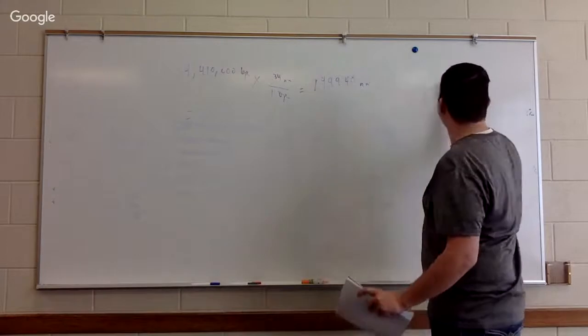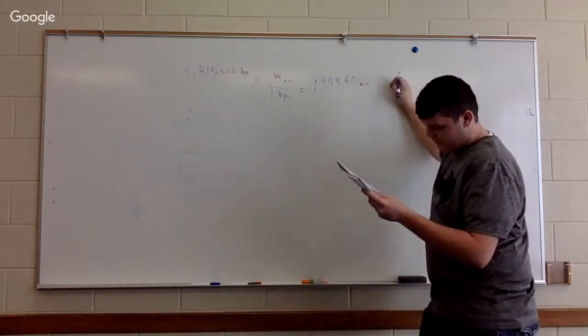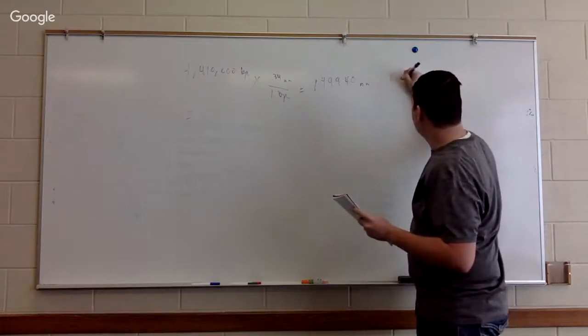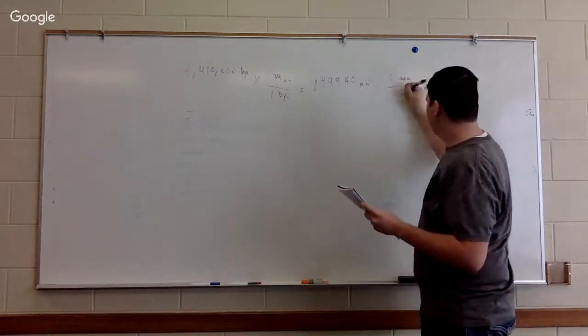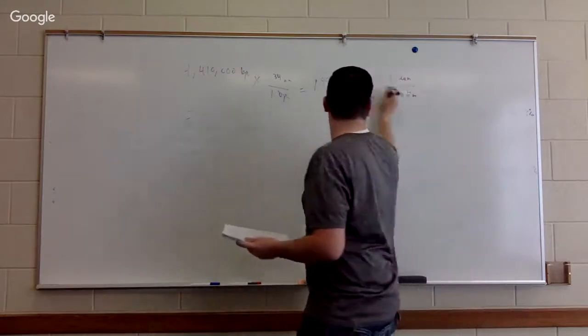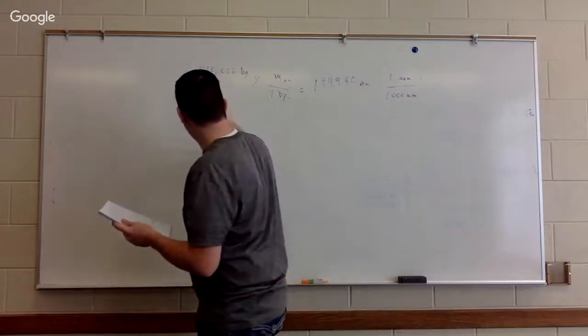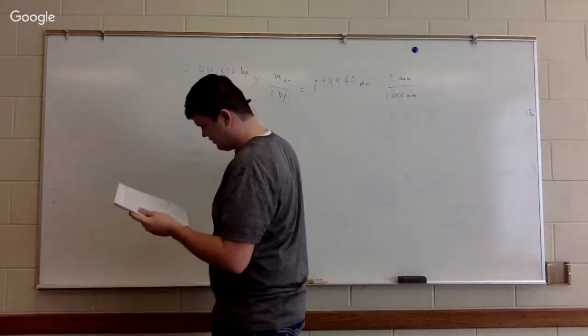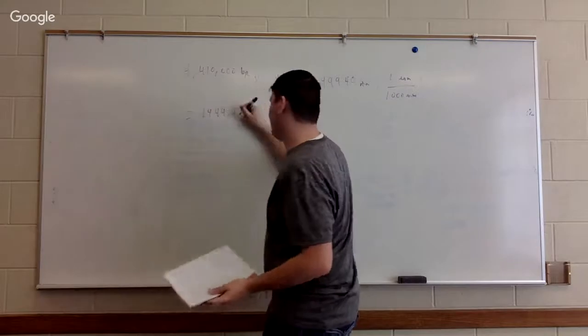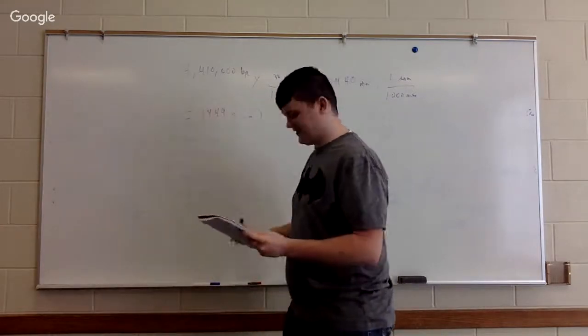So all of these numbers are wrong too. 1 micrometer is 1,000 nanometers. Nanometers cancel out, and we get 1,499.4 micrometers. That's the real answer.